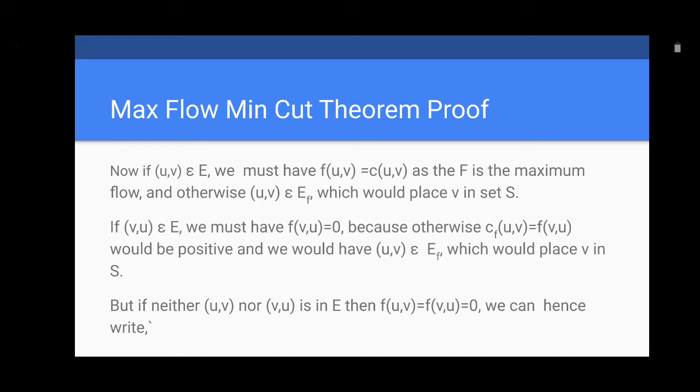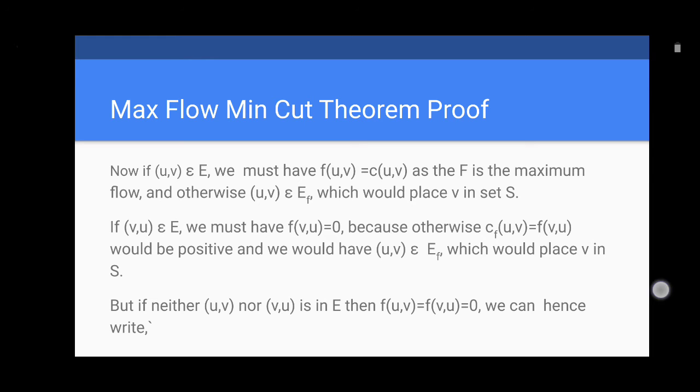If f of uv is the capacity of uv, then this is correct, otherwise it is not true. Similarly, if (v, u) belongs to E, we must have f of vu equal to 0, because otherwise cf of uv, which is equal to f of vu, would be positive, and we would have (u, v) belonging to Ef, the residual network, which then again would place small v in S, which is not true. But if neither (u, v) nor (v, u) is in capital E, then f of uv is equal to f of vu is equal to 0.